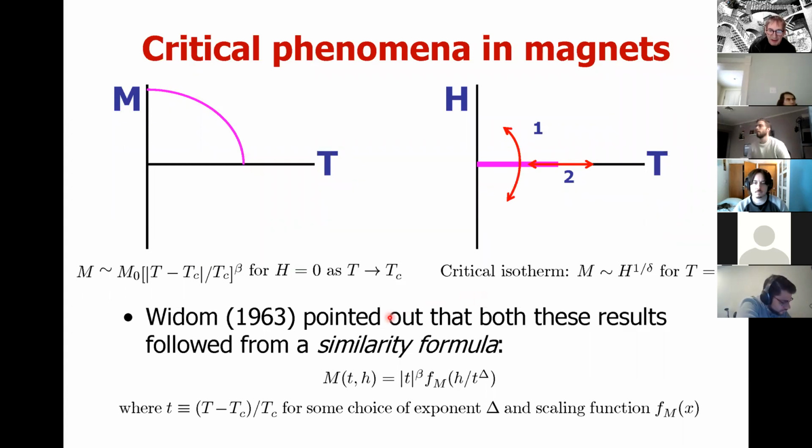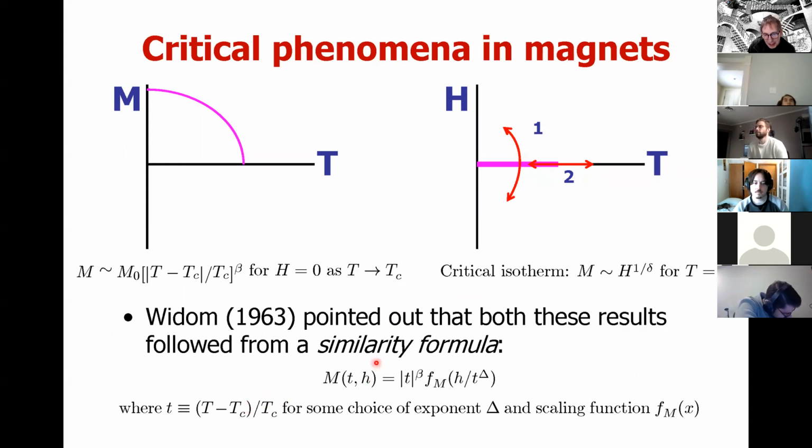So what does this similarity formula say? Little h is the external magnetic field normalized by kB times Tc. So little h is really just the external magnetic field here. Little t is the difference between the temperature and the critical temperature, normalized by Tc. So it's a dimensionless measure of temperature.